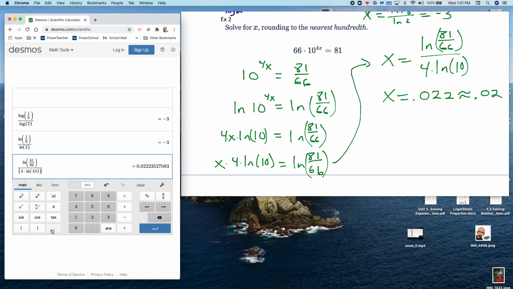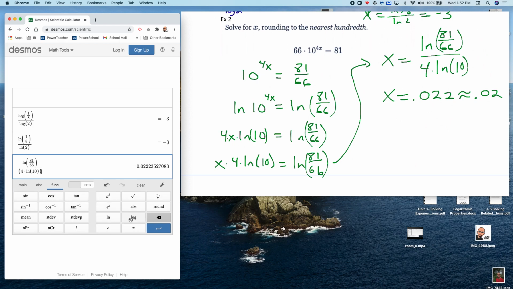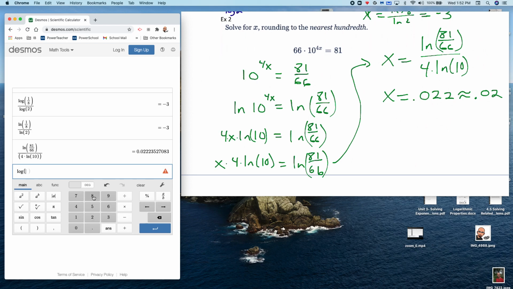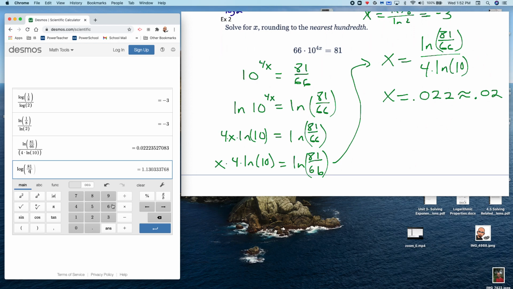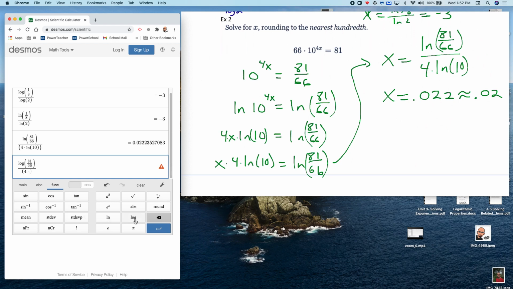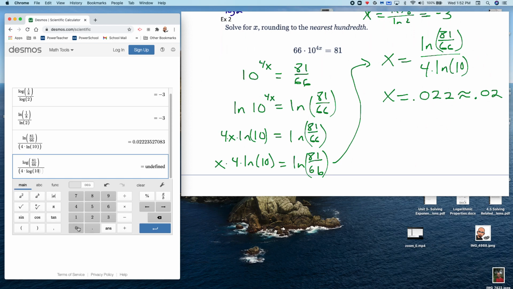Now I just want to show you that if I change this to log, so if I do log 81 divided by 66, and close the parenthesis, divided by 4 times log 10, I get the same value.